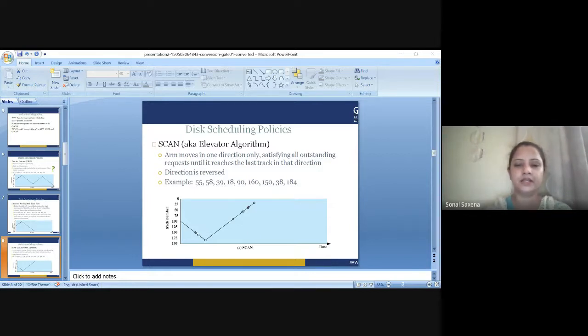Let us again understand this algorithm with the help of one example. Again, we are considering a disk request sequence for a disk with 100 tracks. The sequence is 98, 137, 122, 183, 14, 133, 65, and 78.